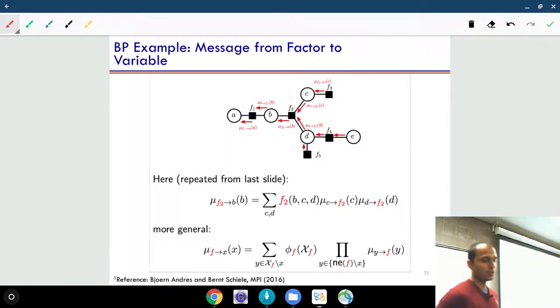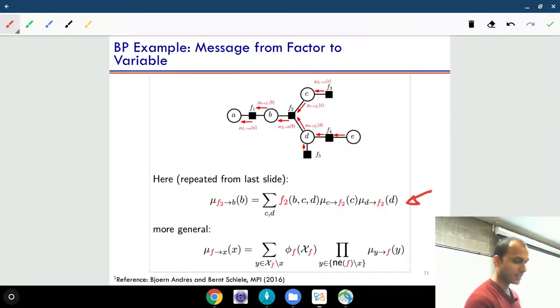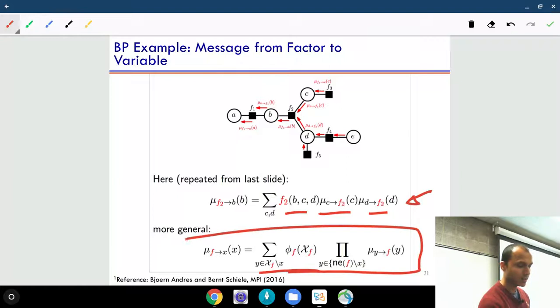A little bit of notation in general. This is what we saw, that the message that needs to be passed from F2 to B is a product like this, a product of a bunch of incoming messages and the local factor. I'm going to use this general form for any factor that needs to pass a message to a variable. First of all, get messages.